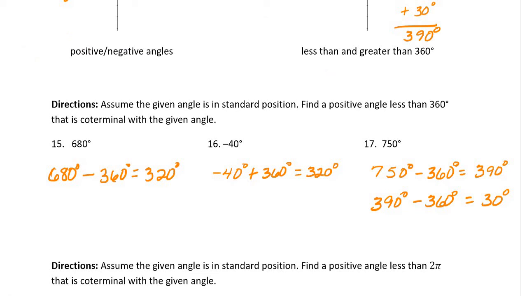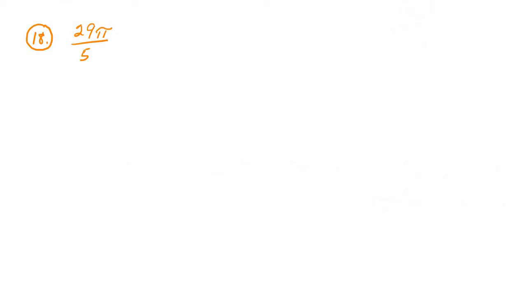The directions for our next set of problems say, assume the given angle is in standard position. Find a positive angle less than 2 pi that is coterminal with the given angle. This first problem, I have 29 pi over 5. So I need to subtract off one full rotation. Remember, one full rotation is 360 degrees, or 2 pi radians.